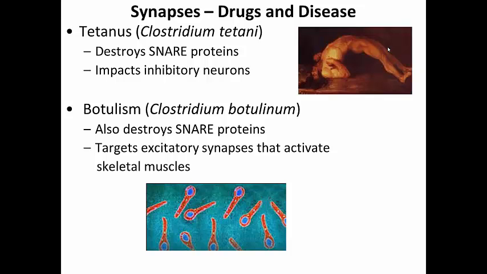And like tetanus, death eventually comes as a result of the inability of the diaphragm to contract and therefore the animal, person or otherwise, to breathe. So both of these are interesting, although somewhat disturbing, admittedly, examples of toxins produced in the natural world that have a profound impact on this synapse, the system that we're learning about at this particular time.